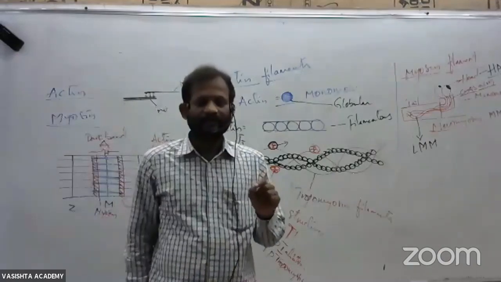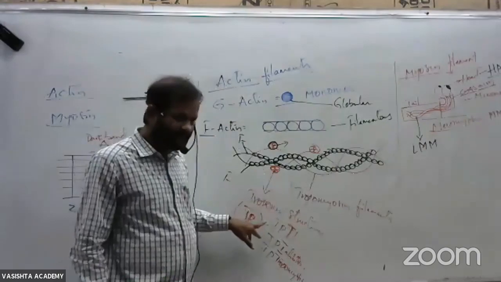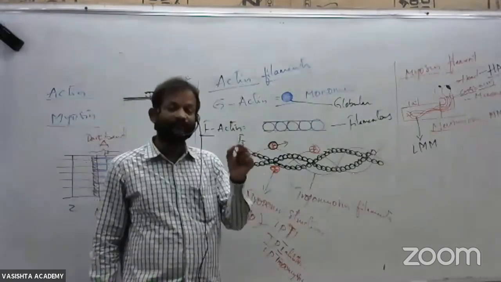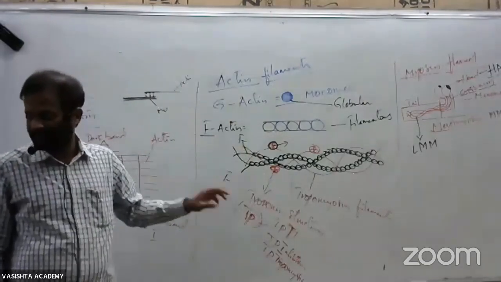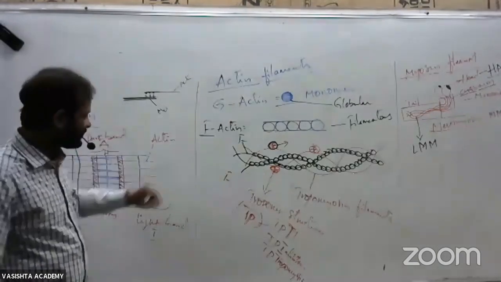So in addition, among these three subunits of this troponin complex, one will help in attachment of calcium also. In some books you can find it as TPC. One will help in attachment of calcium.